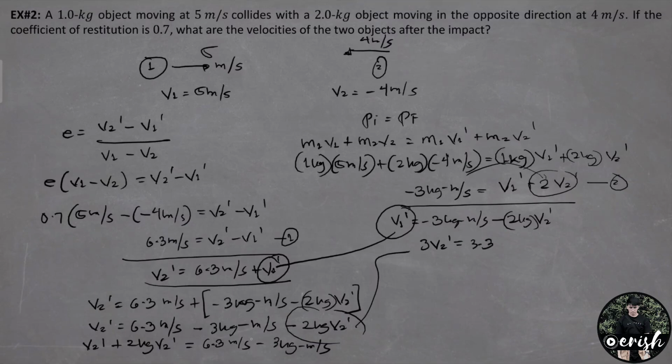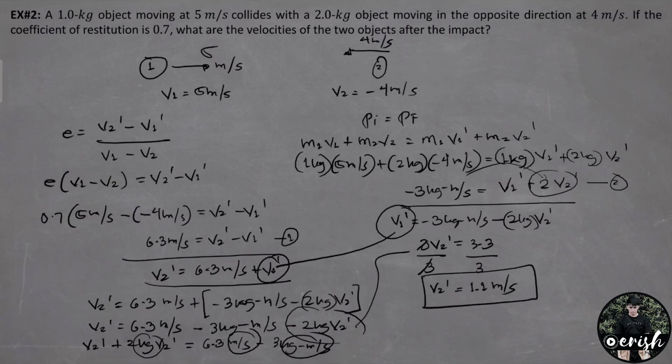Again, remove na natin itong mga units para hindi na maging complicated yung equation. Pwede na natin isolve yung V2 prime. Divided by 3, both sides. V2 prime is equal to 1.1 meters per second. This is V2 prime. For V1 prime naman, substitute na natin sa equation na to.